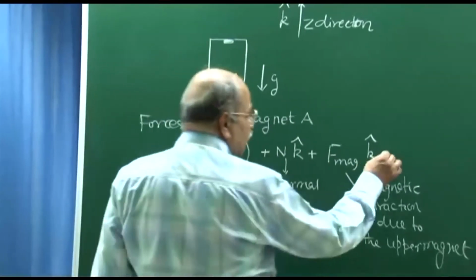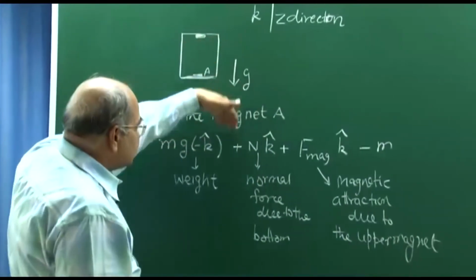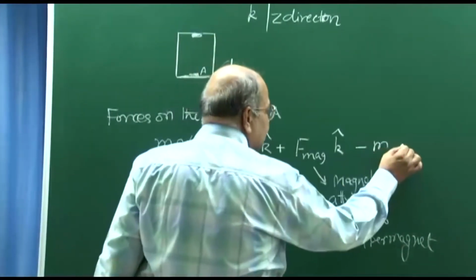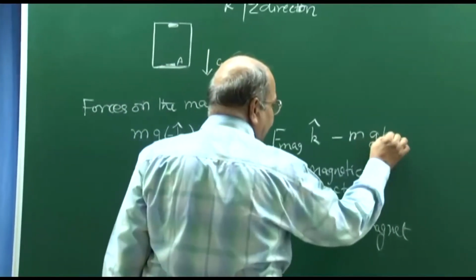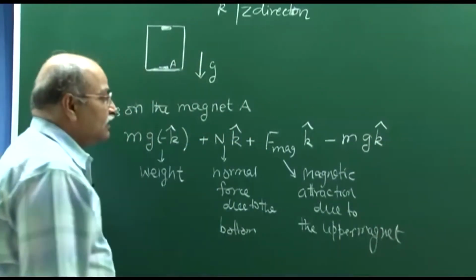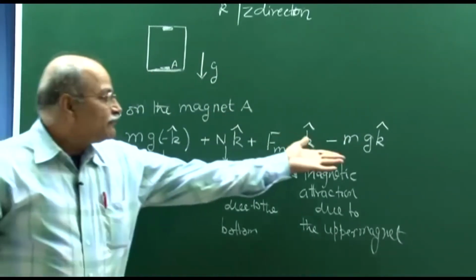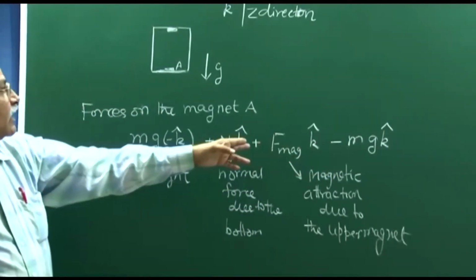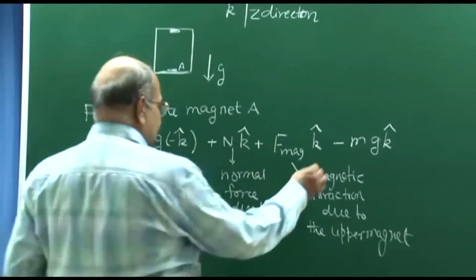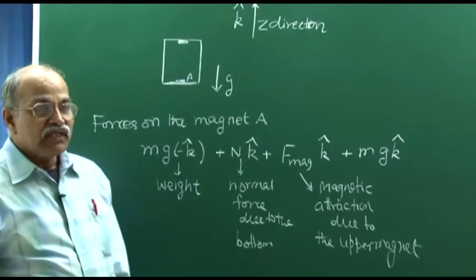So it is minus the mass of the magnet times the acceleration of the box, which is g in downward direction, so g and k cap with a minus. The acceleration is downward, and this pseudo force is in upward direction, so plus mg k cap.